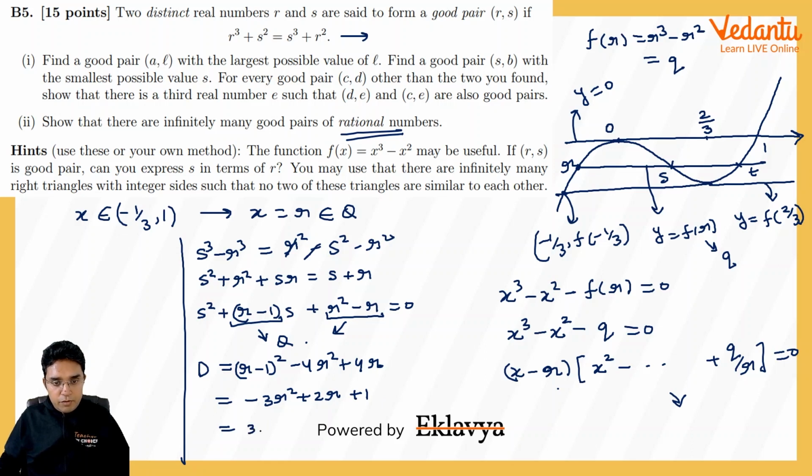The factors are 3r plus 1 and minus r plus 1. Let me check: minus 3r square plus 3r minus r plus 1. Yeah, so these are the two factors we are getting. Now let us do this question in the next slide.